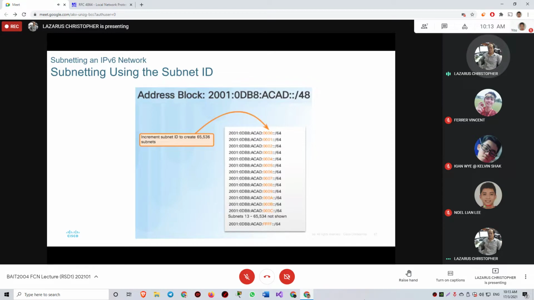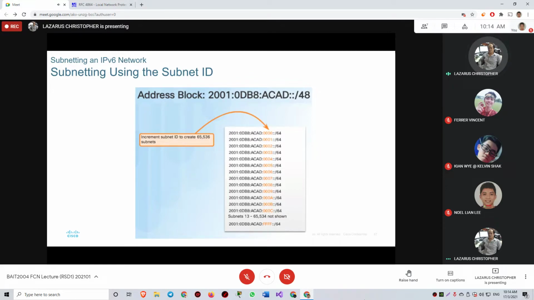I just want to make another thing clear. We subnet the private address range in IP version 4. Here, the subnet is the GUA, Global Unicast Address. Can you see the difference?